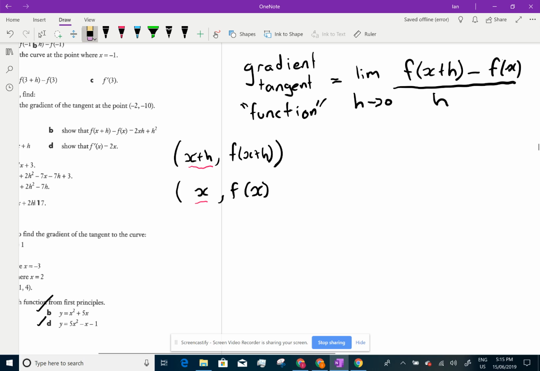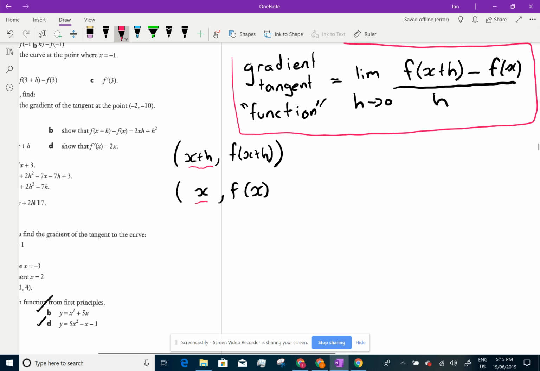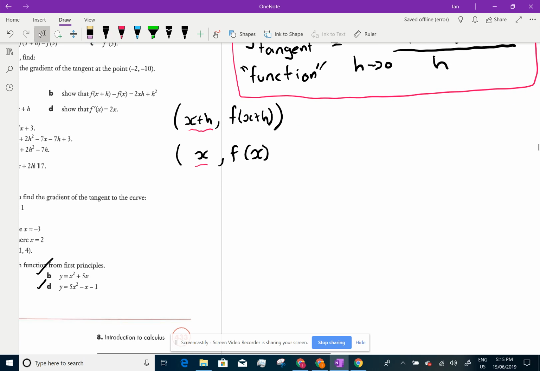So now let's apply it. And that's general, because we used algebra to prove that earlier on, that will work for any function. So if we look down here at 11b, we have the function x squared plus 5x.